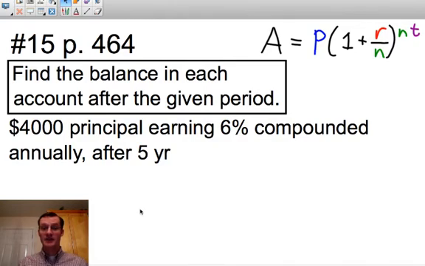So we're going to find the balance in each account after the given period. There's $4,000 principal, 6% compounded annually after 5 years. So again, this is P, the principal. So $4,000 is initially invested.